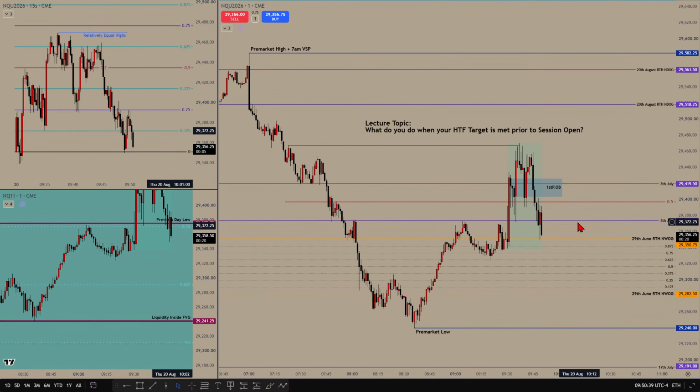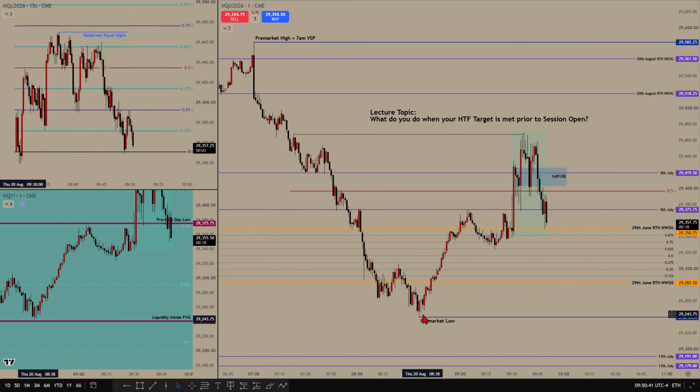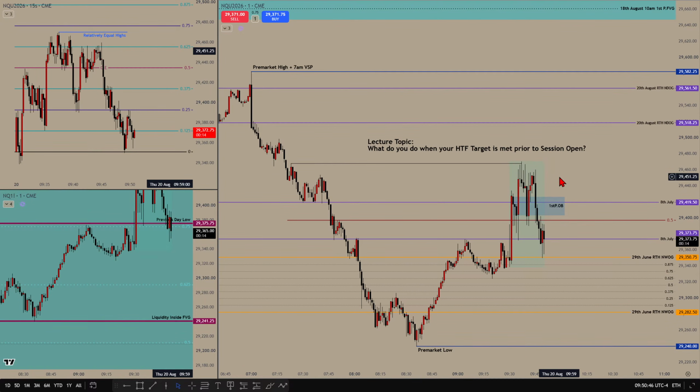I can't easily say here that we're going to go all the way to pre-market low. I also can't say we're going to go up to the relative equal highs because I don't see anything here decisive enough. There's not enough displacement, there's not enough inefficiencies, there's not enough information to work with.